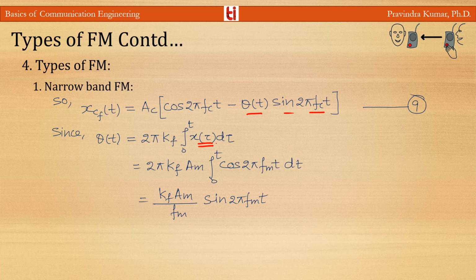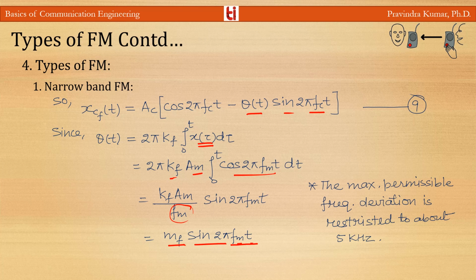Here we can have k_f A_m by f_m, and if I take the integration of this, it will be sin 2πf_mt by 2πf_m, and 2π cancels 2π, so we will have only f_m here, and so it will be β sin 2πf_mt. Here β is the modulation index, k_f A_m by f_m, and the maximum permissible frequency deviation Δf, k_f into A_m, is restricted to about 5 kilohertz.